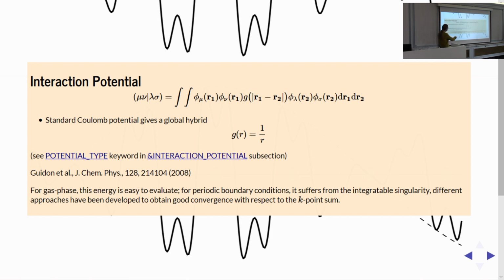In the gas phase, this is what you want to do. To tell CP2K what this G will be, there's an interaction potential section, with potential type inside the interaction potential, which is inside the exchange correlation part. I'll show examples in a minute.